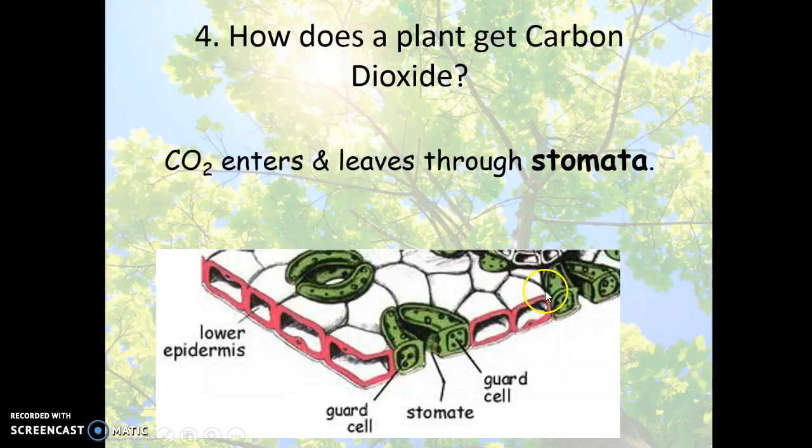And on the sides here, these things, which happen to be colored green, are called the guard cells. The guard cells are kind of the gatekeepers of the opening, the stomate, deciding if it should be open to let things in and out or if it should be closed. We'll talk more about that when we do the lab. But I do need you to be familiar with the word stomata or stomate. That's how carbon dioxide gets into the plant.